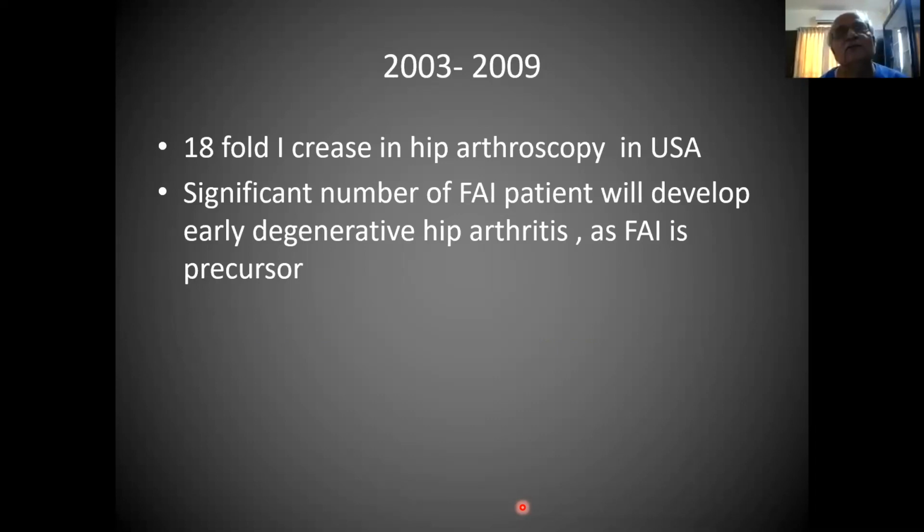We will only do it in patients who are really symptomatic and where it is possible to tackle this. Otherwise, hip arthroscopy, what used to be done previously, is not being done now. And now something like Elizora came in with a vengeance. Now today Elizora has taken its own place. Same thing, with hip arthroscopy, people started right and left. Now it has its own place.